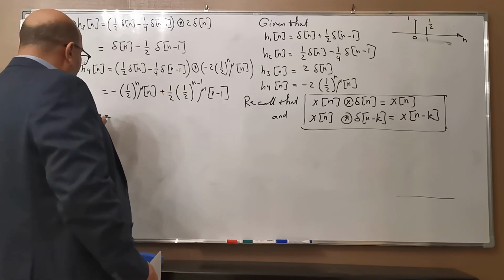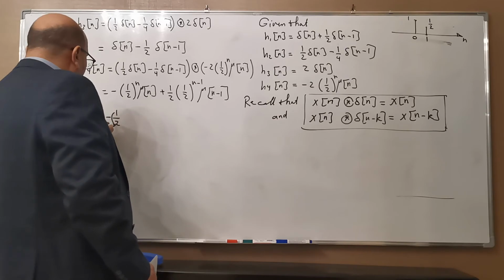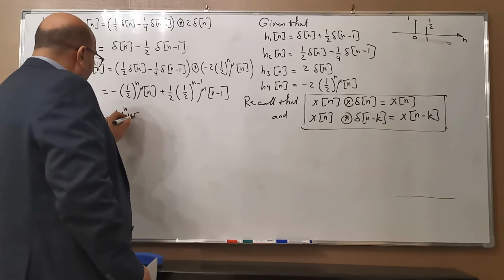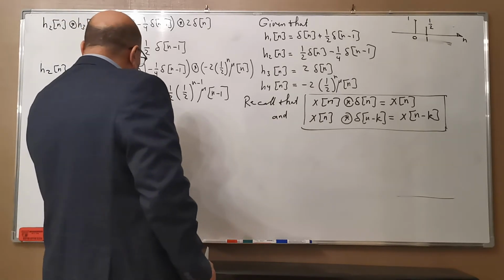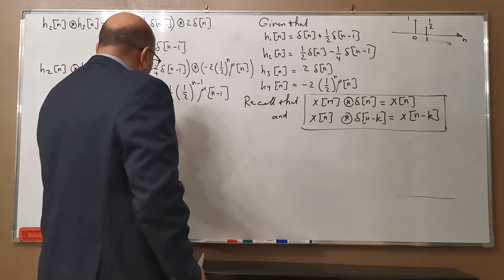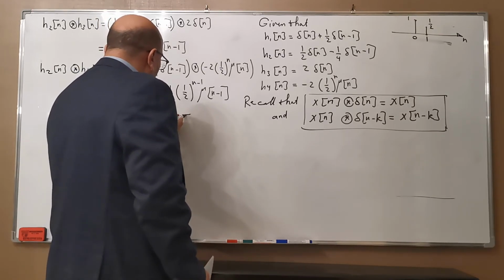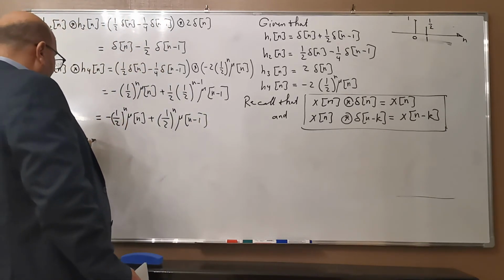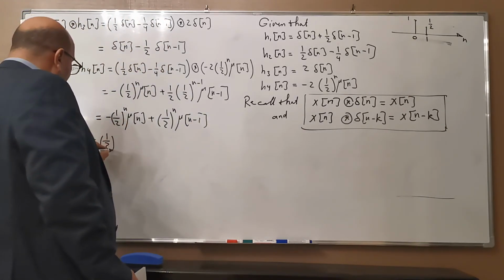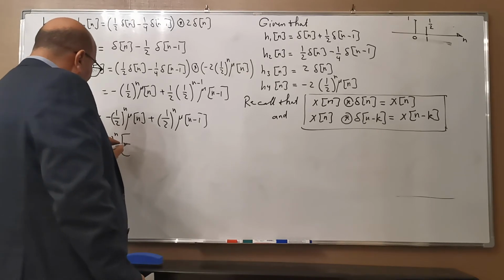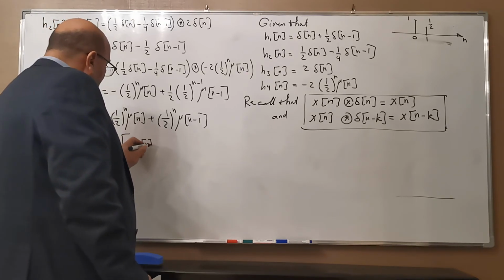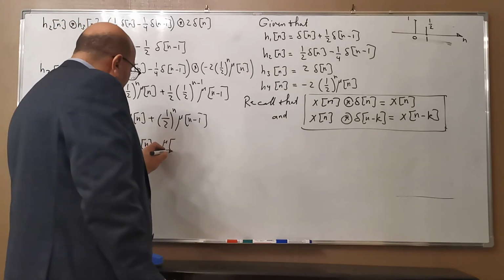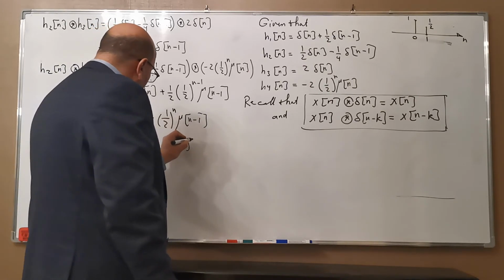So this is minus (1/2)^n u of n plus (1/2)^n u of n minus 1. I'm going to take (1/2)^n common, so we end up with minus u of n plus u of n minus 1.